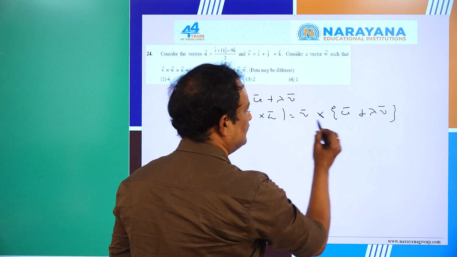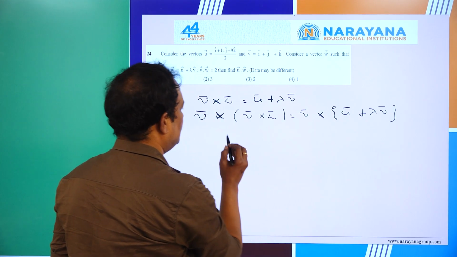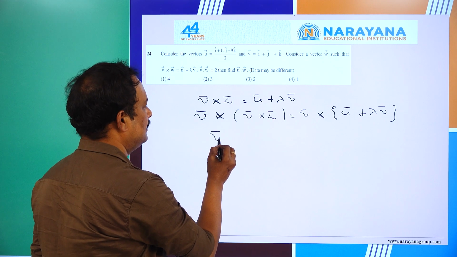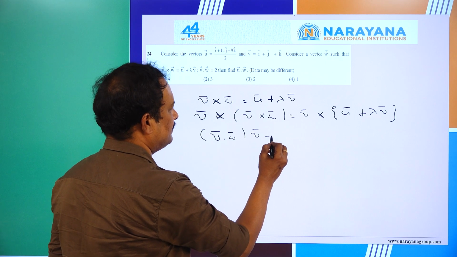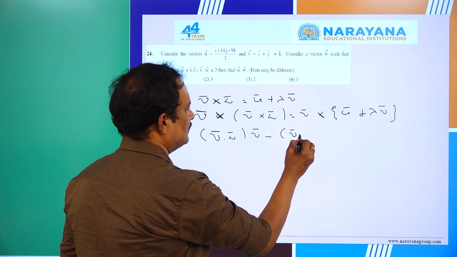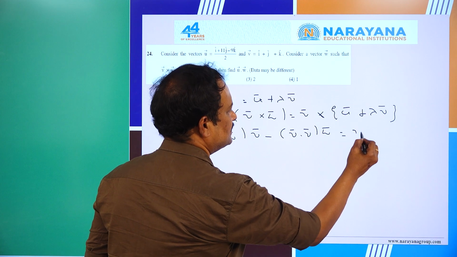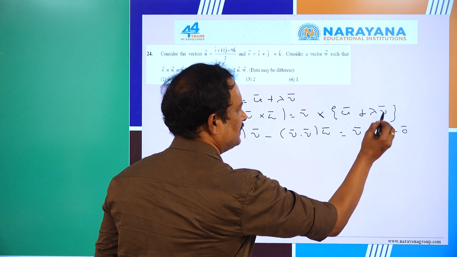V bar cross lambda times v bar is 0 bar, so you are now just left with the vector triple product. So v bar dot w bar into v bar, minus v bar dot v bar into w bar is equal to just v bar cross u bar. The second one is a null vector, whatever the lambda value is.